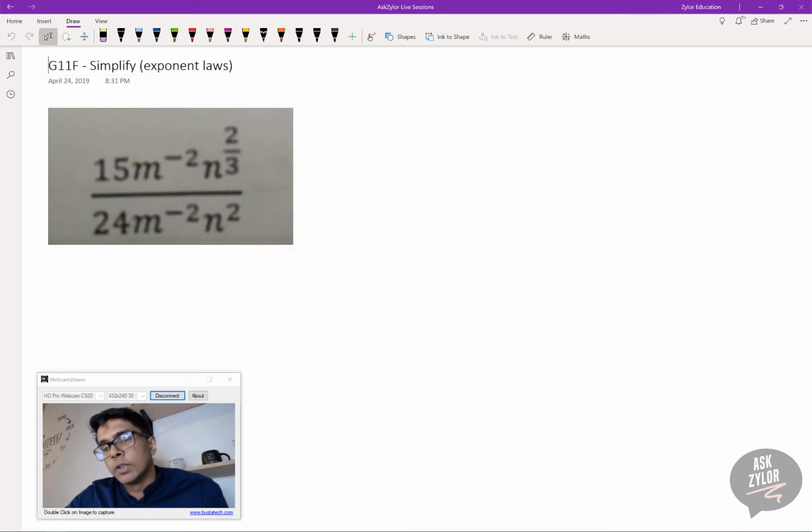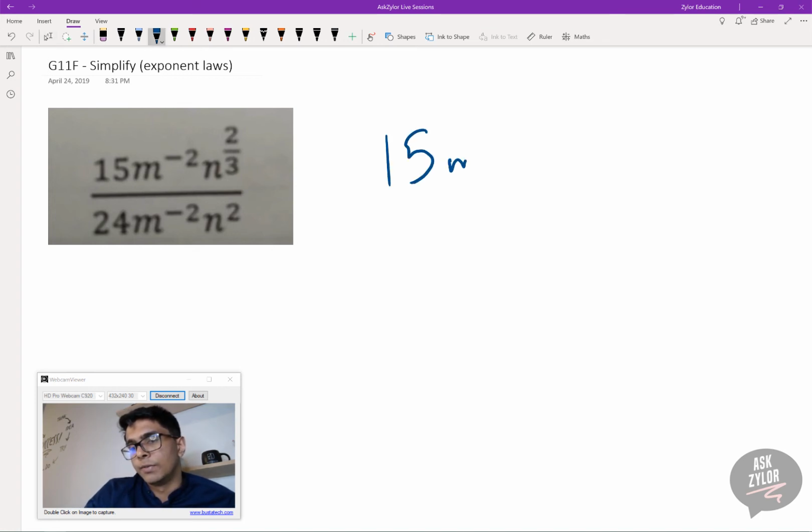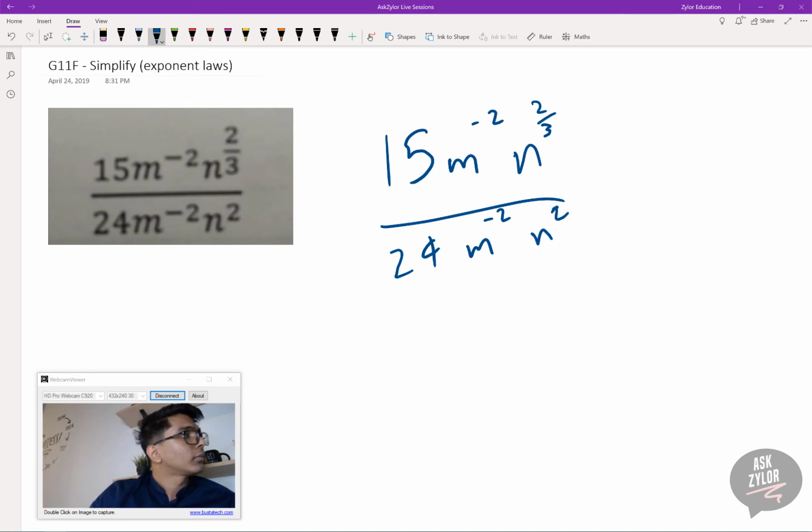In this question, it's asking me to simplify using exponent laws. So we have 15 m to the power of minus 2, n to the power of 2 over 3, over 24 m to the power of minus 2, n to the power of 2.